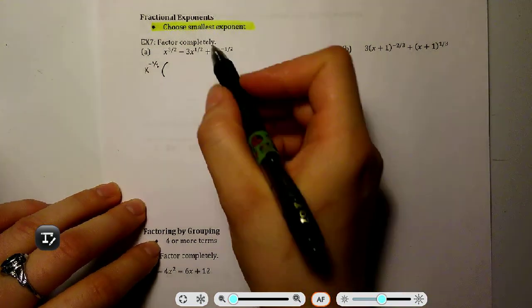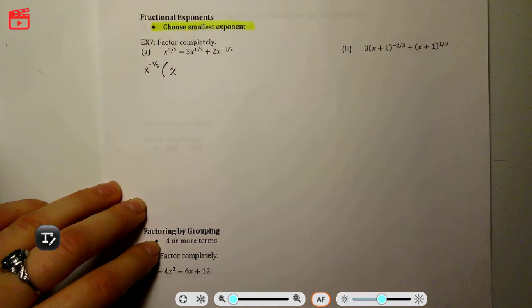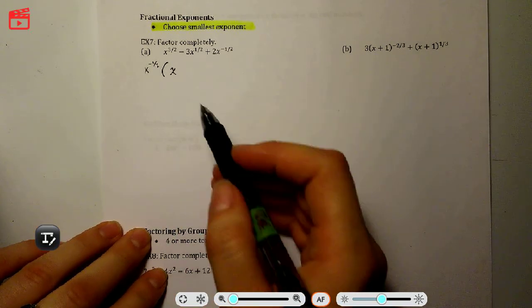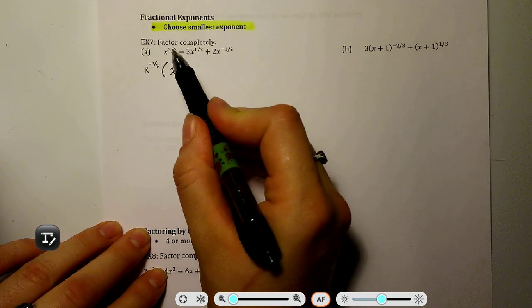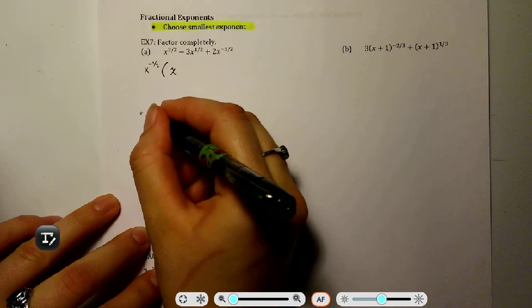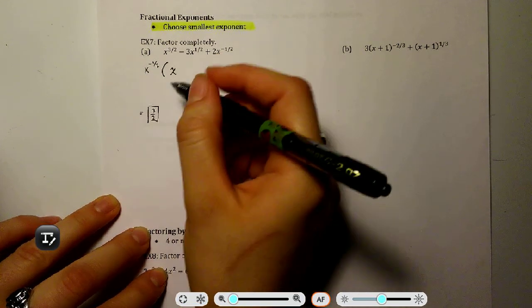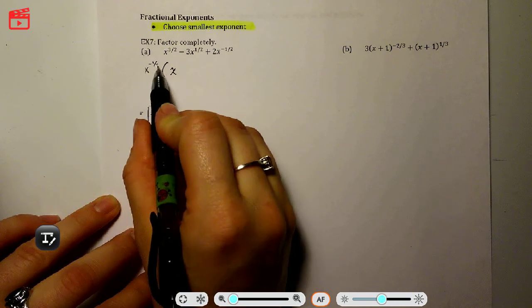So when I factor out x to the negative half power from x to the 3 halves, what do I have? Well, the way I like to think about it is, if I was to multiply this back in, how would I get 3 over 2? When we multiply things back in, remember, we keep the base and we add the exponents.